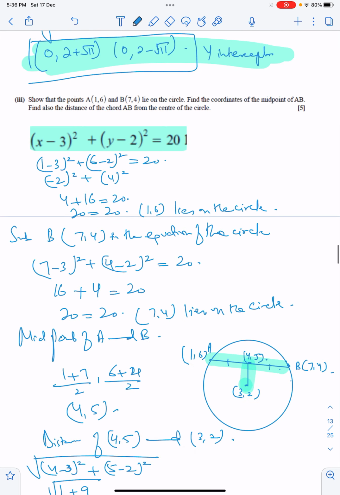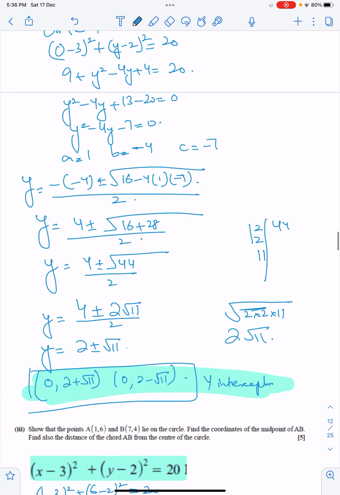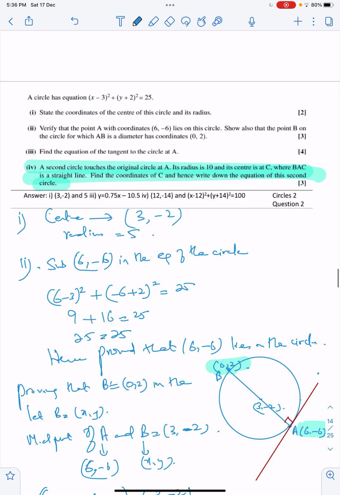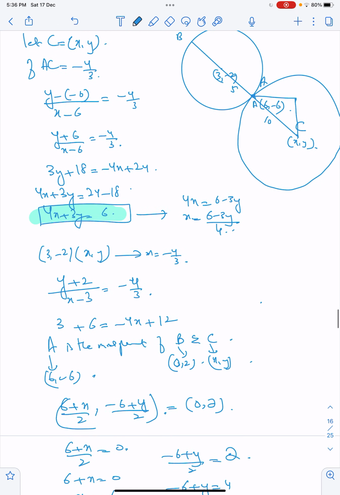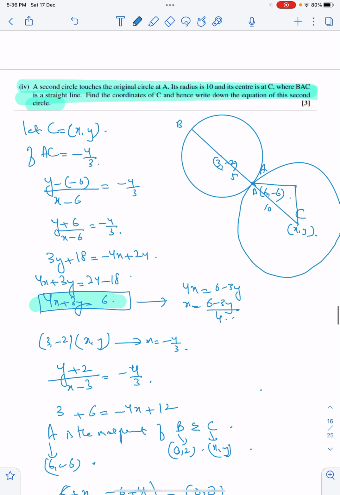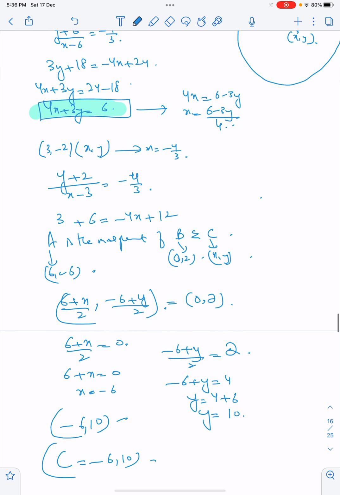Negative 6 comma 10 is C. Now we want the equation of the circle, they are saying. Hence write down the equation of the second circle.